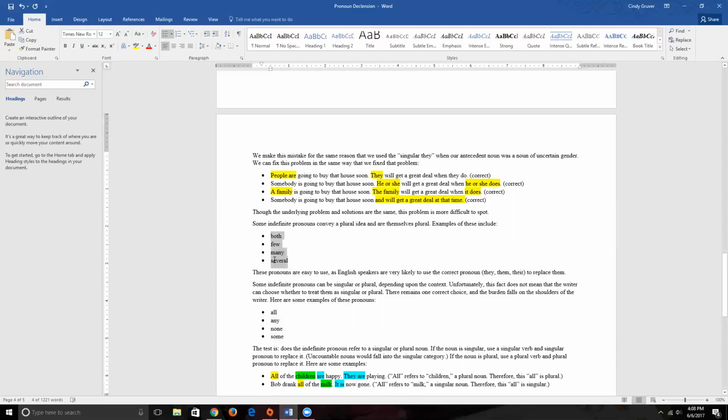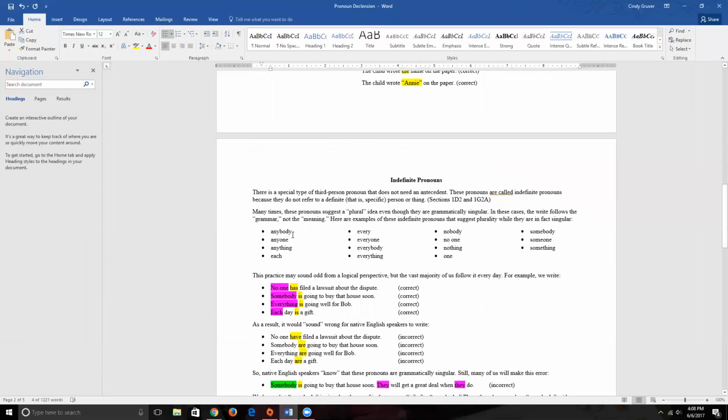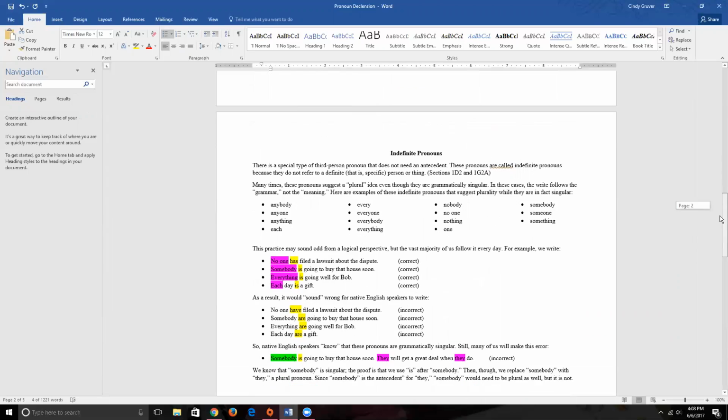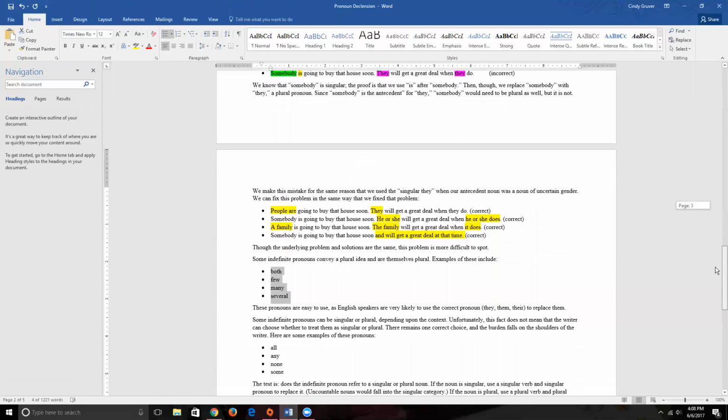For these, you'll be on automatic pilot. We always say both are, few are, many are, several are. For these, we always say anybody is, anyone is, anything is, each is. We don't have to think about it at all. We could Google it. Somehow or another we get hit in the head and we forget the rule. We could Google it and we'd be able to find out whether we say are, is.